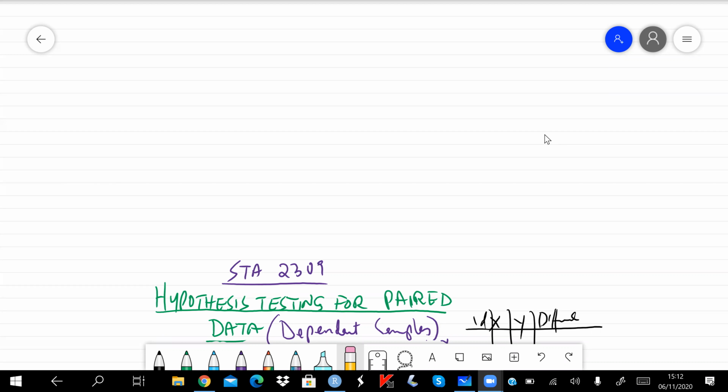For instance, you may take the weights of some individuals at some point in time, then they undergo some treatment or some diet, or therapy, some exercises, and then you check their weights after that. You notice that the first set of observations is very much related with, or correlated with, the second set of observations. So those are what we call paired samples, which end up being dependent samples.